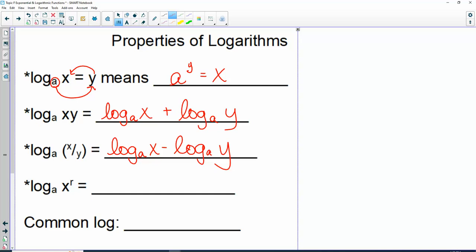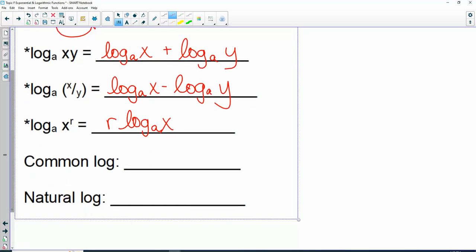If you have the log of something to a power, alright. The two types of logs we see typically: common log is written as log. What is the base of that? Natural log, we see that as ln. What's the base of that?